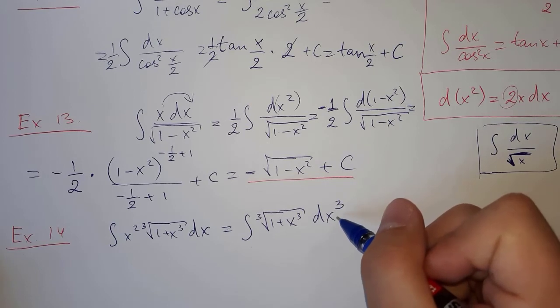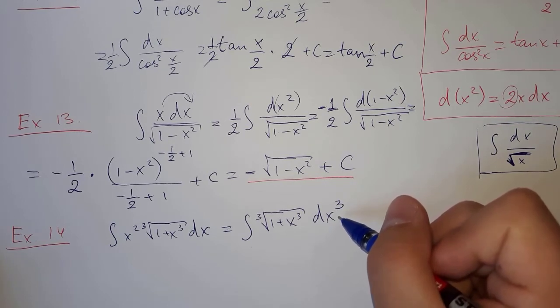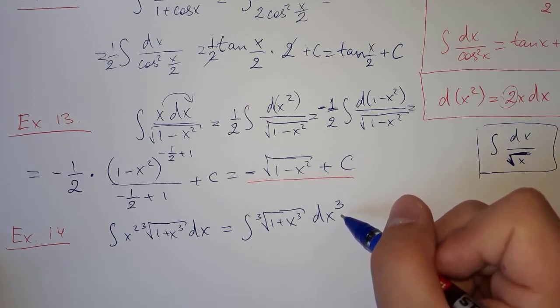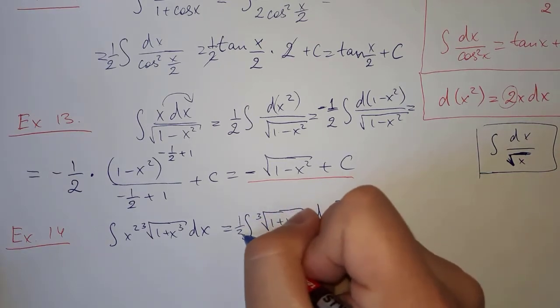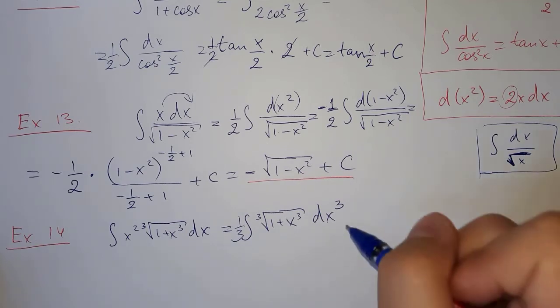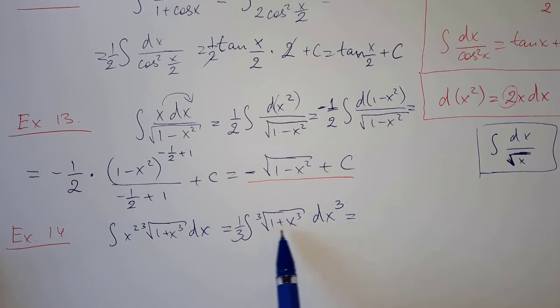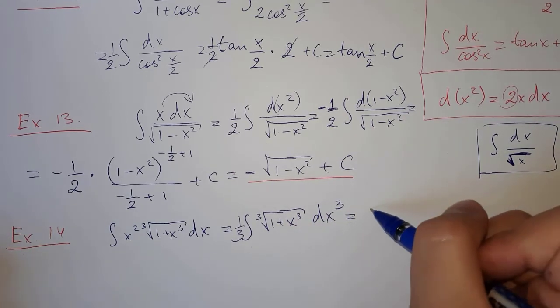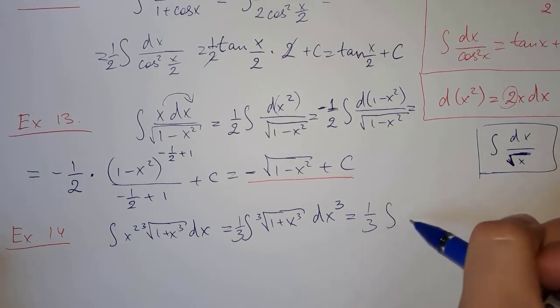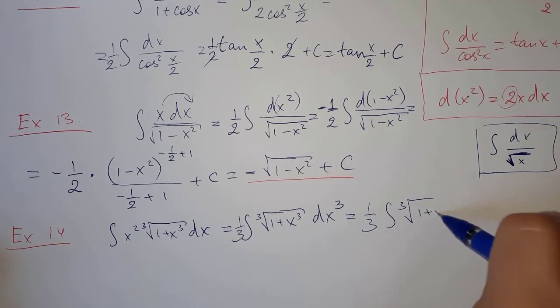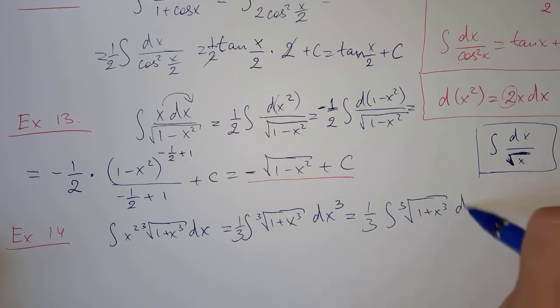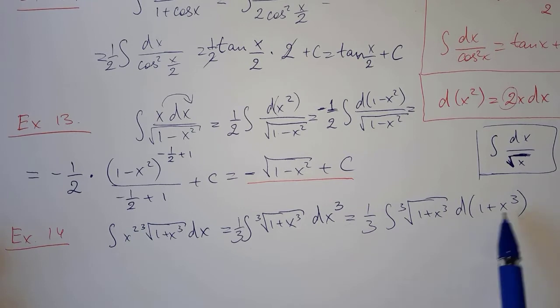If we calculate the derivative of x cubed, it is 3x squared, and we need to divide by 3, so 1 over 3 here now. And now look here, we have 1 plus x cubed, and we can add this 1 also here. So it is now 1 over 3 integral of the cubic root of 1 plus x cubed, d of 1 plus x cubed. So now they are the same.